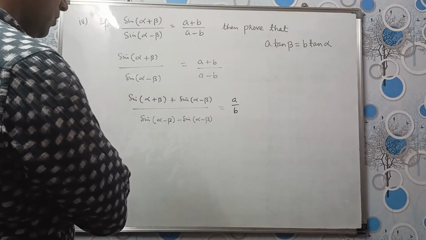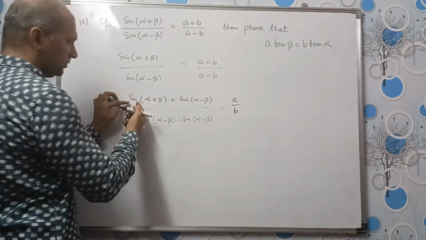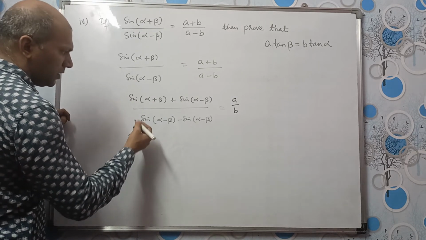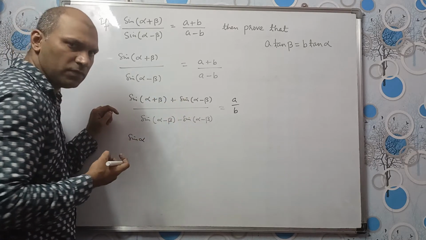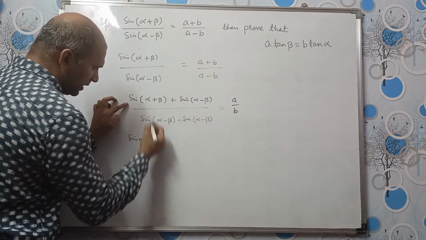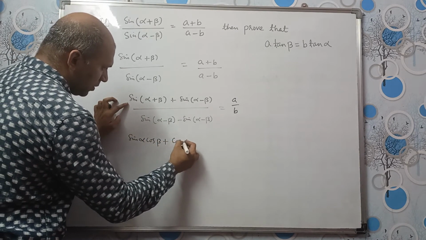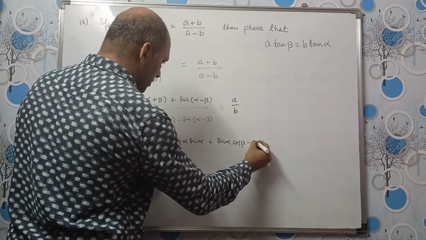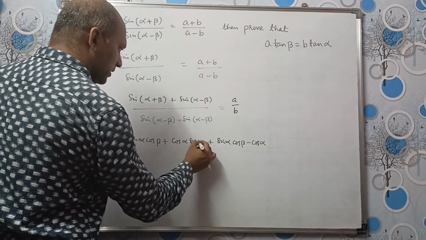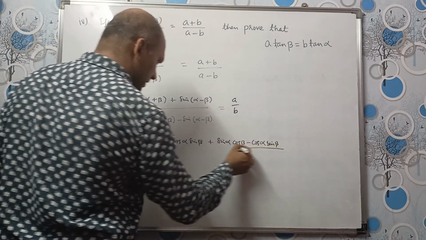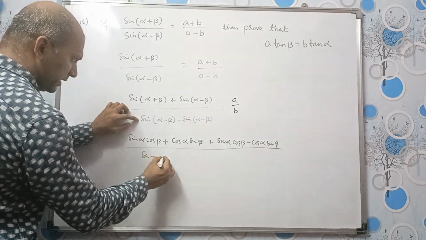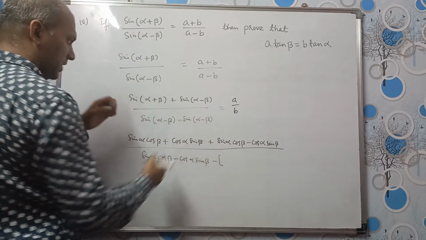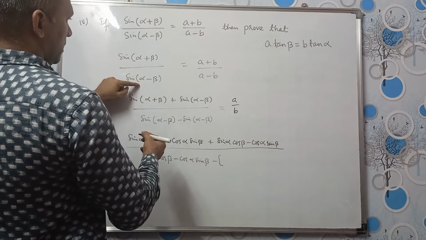Now let us expand this. Sine alpha cos beta plus cos alpha sin beta, plus sine alpha cos beta minus cos alpha sin beta, divided by sine alpha cos beta plus cos alpha sin beta, minus, let us write brackets here because we have minus, sine alpha cos beta minus cos alpha sin beta.